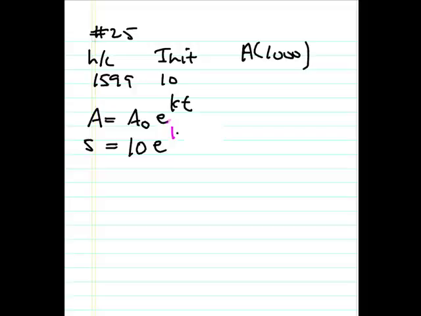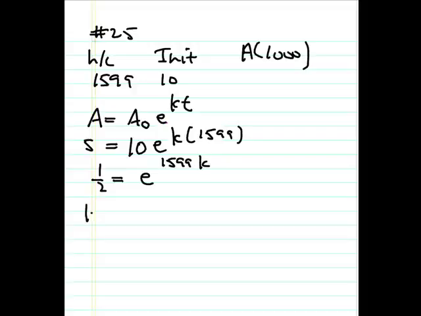Okay, so we're going to put in k here and 1599. Because it's a half-life, you're always going to get a half there when you divide both sides. So e to the 1599k.